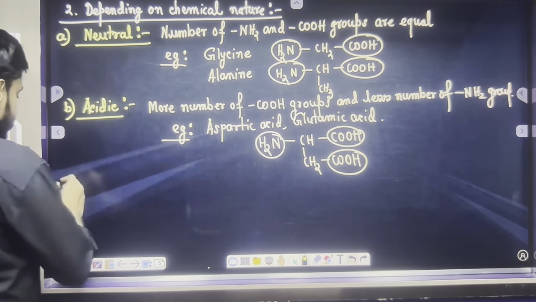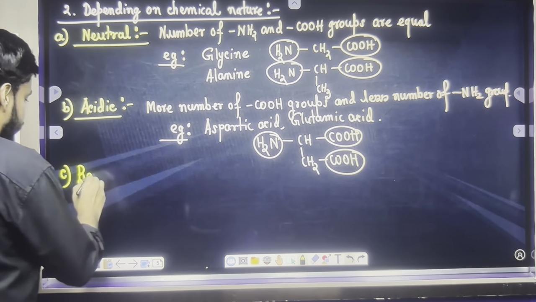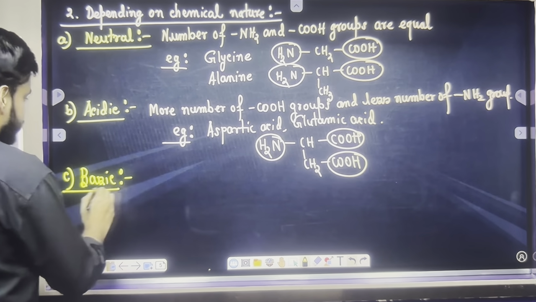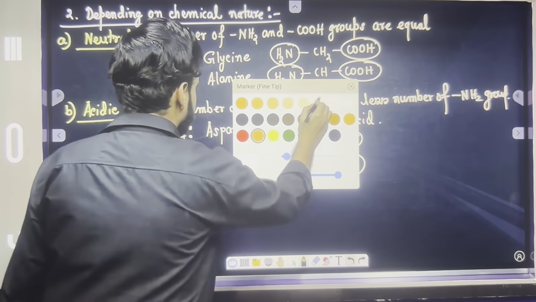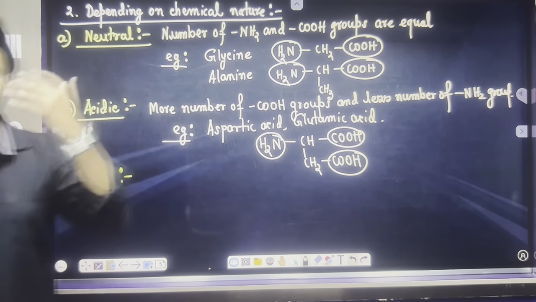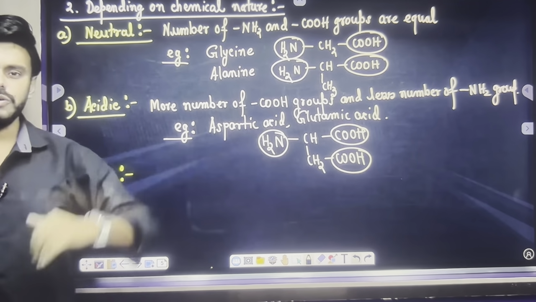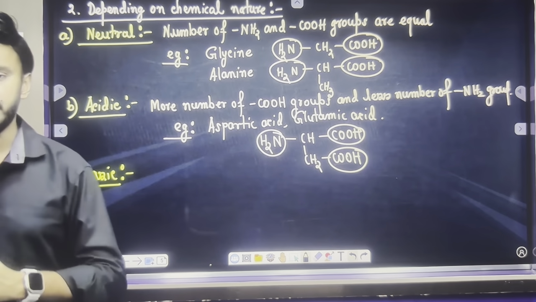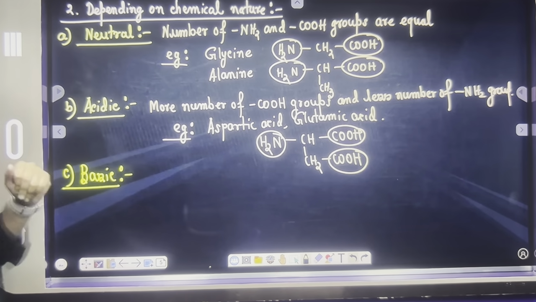And on the other hand, the third one will of course be the basic amino acids, like arginine. Tryptophan is also present. Here the number of nitrogens is more than the number of carboxylic acid groups, which makes the compound a basic amino acid.